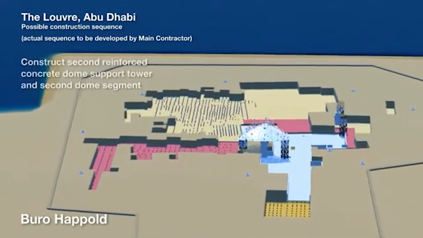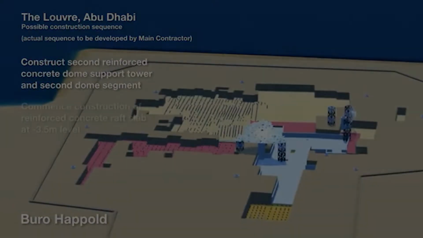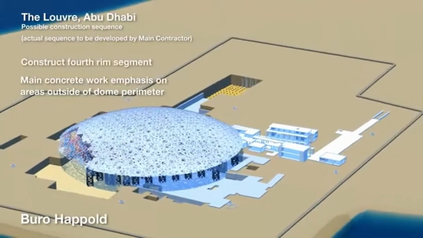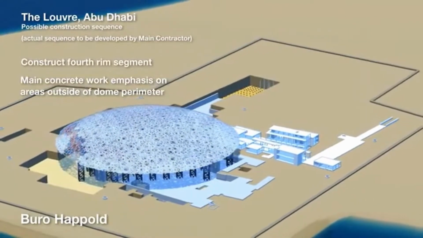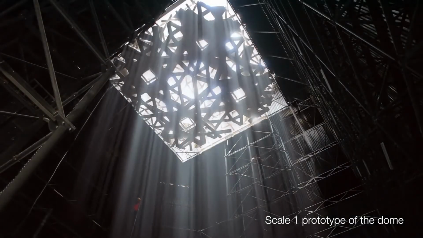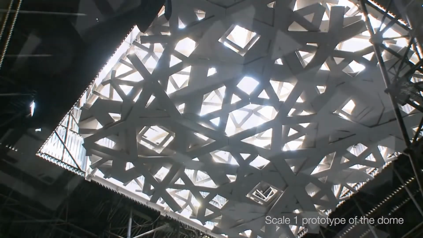After the foundation, the dome was constructed. The biggest attraction of the Louvre Abu Dhabi is its dome-shaped ceiling. The geometric design of the dome comes from arabesque, a traditional Arab pattern.